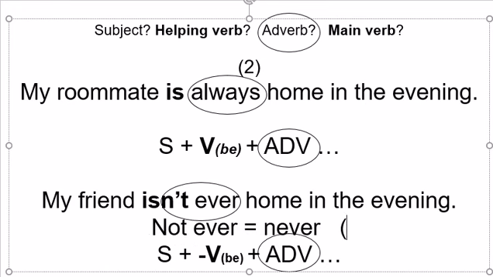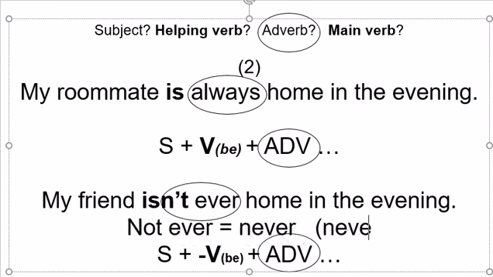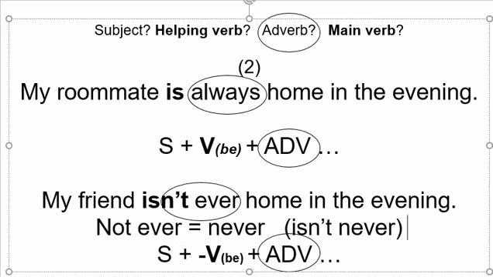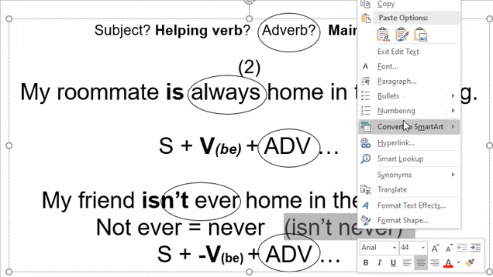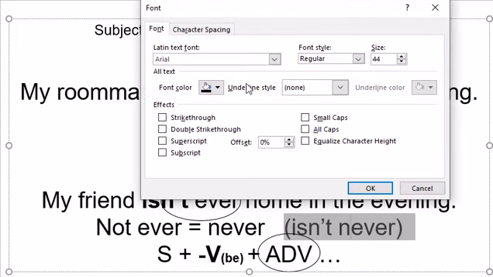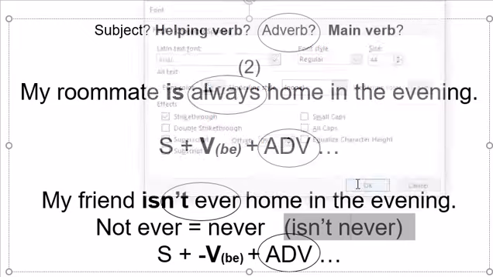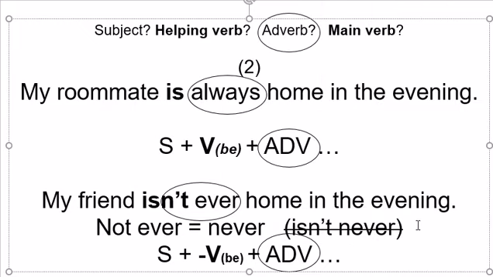But I can't say isn't never, because can we do a helper verb with a negative helper verb and a negative adverb? Nope.